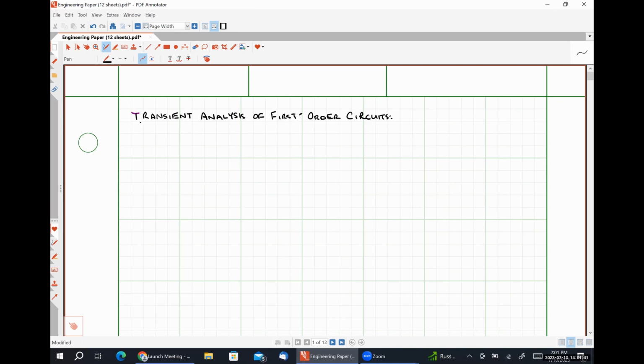So we kicked off our last class meeting by looking at RL circuits. So I'm going to draw here a simplified RL circuit. Let's say that we have some resistance R connected to some inductance L, like so.